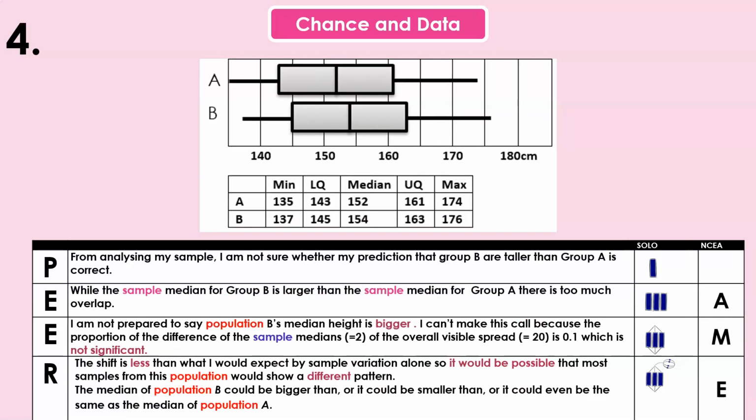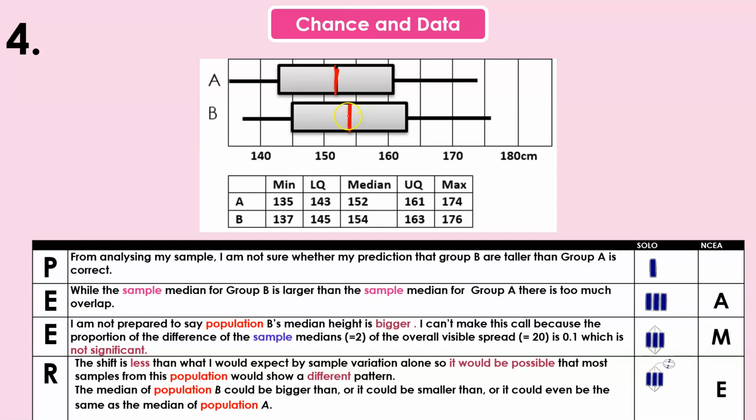Okay, so moving along. You can see now we've got medians which are much, much closer. So the language again changes. Analysing my sample, I'm not sure whether my prediction that group B are taller than group A is correct.